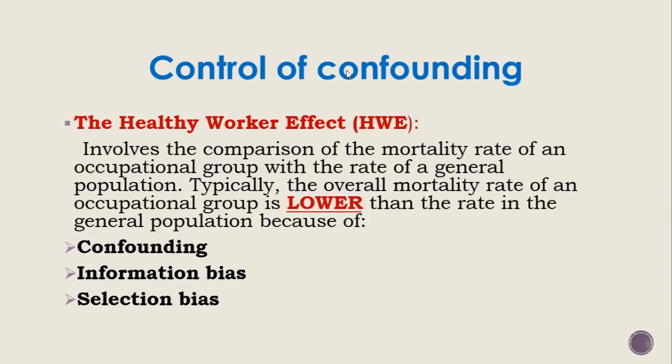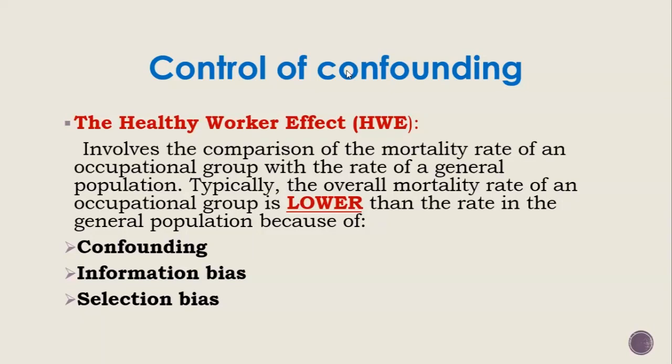So when we talk about the healthy worker effect, we're talking about a comparison of the mortality rate of an occupational group with the rate of the general population. And what we find is that typically the overall mortality rate of an occupational group is lower than the rate in the general population.